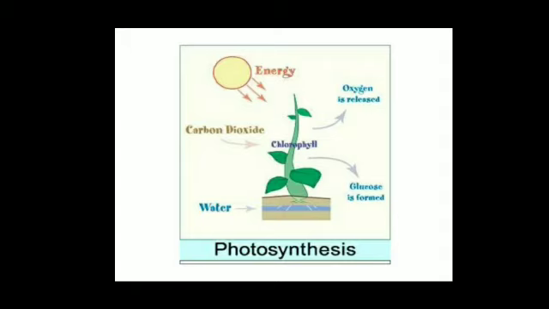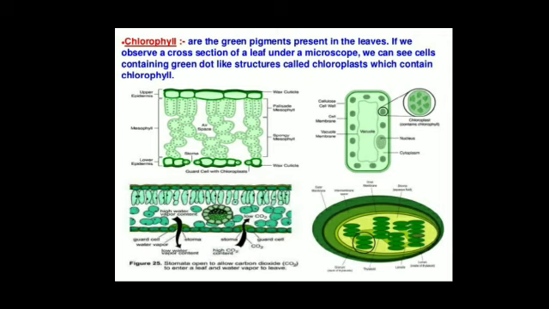Sunlight is absorbed by chlorophyll. So the four raw materials required by plants are carbon dioxide, water, chlorophyll and sunlight. Chlorophyll is the green color pigment present in the leaves of plants.